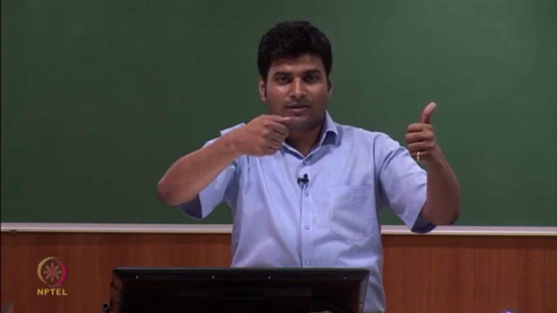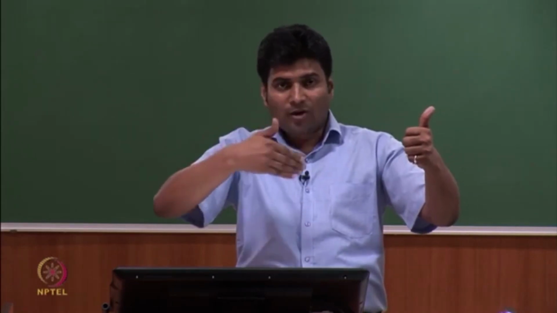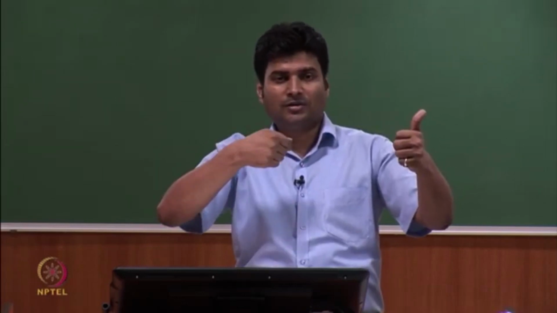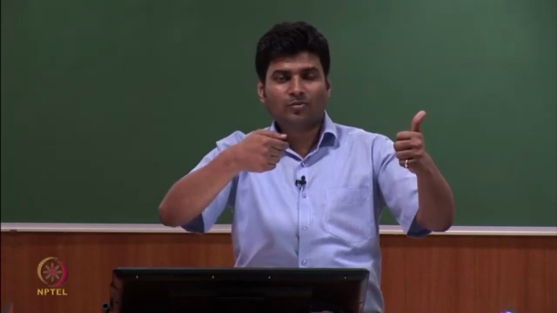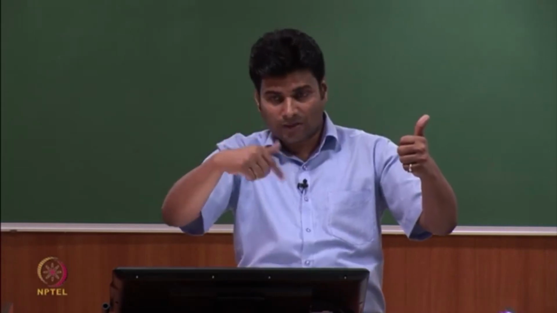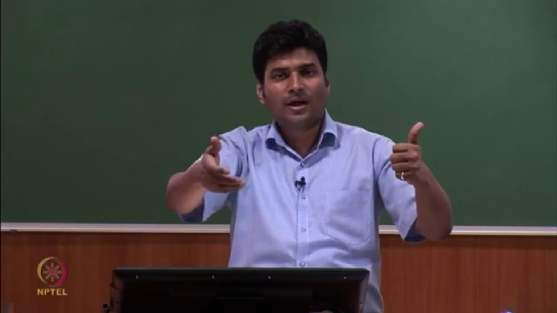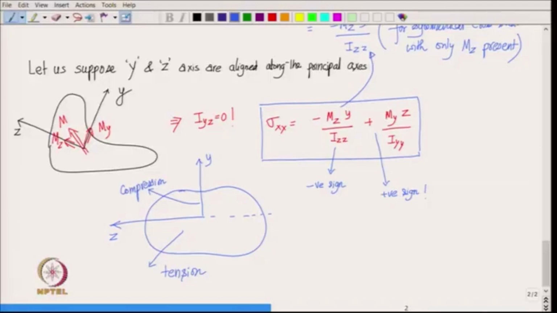So, in that case, the part of the beam on the positive side of the z axis, which is towards me, that gets under tension, whereas the part of the beam which is away from me on the negative side of the z axis, that gets under compression. So, since the positive side is under tension, therefore, in the formula with m y we have plus sign.